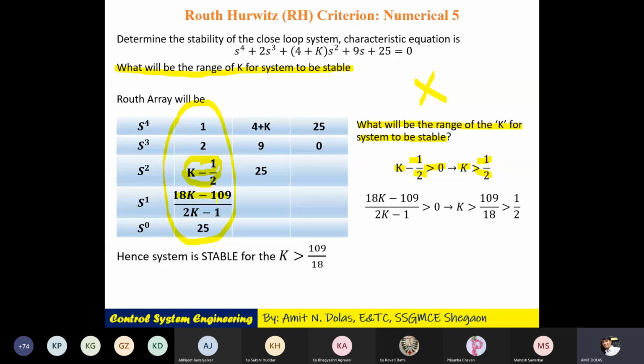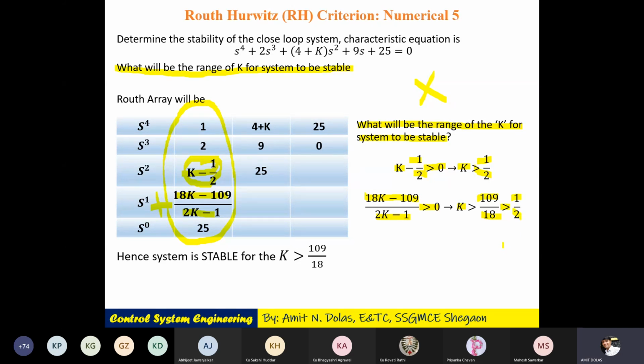Again, coming to this element, 18k minus 109 divided by 2k minus 1 should also be greater than 0, so that this term will be positive. That is nothing but k should be greater than 109 by 18. And that must be of course greater than 1 by 2.